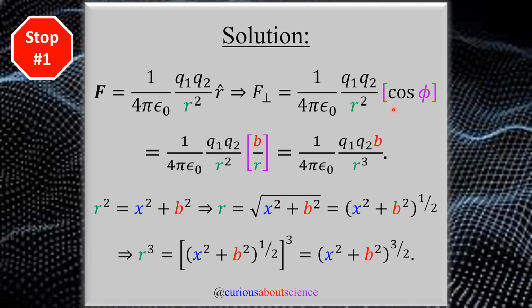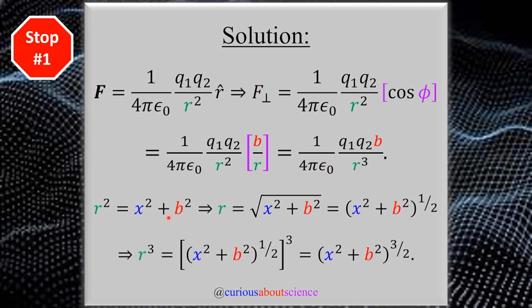The perpendicular component of the Coulomb force is given to us by a cosine instead of having r hat. Geometrically speaking, the angle for that cosine is touching the b side, which is the impact parameter, and then the hypotenuse is the r. So when we simplify this, we get that the perpendicular force is proportional to b over r cubed. Pretty cool.